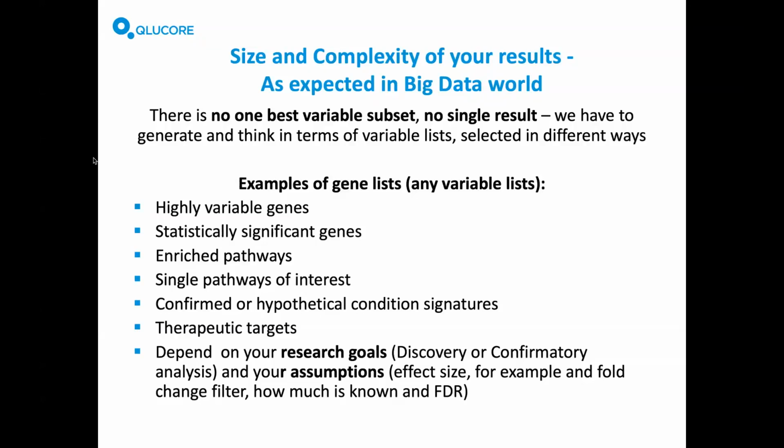And also your assumptions. It's really good to know, and you will be learning this as you go. It's not always that you know all this information. For example, assumptions about the effect size of what you are studying. Let's say you are looking at the effect of some compound on the cell culture. You may already have an idea what scale of changes will be happening.